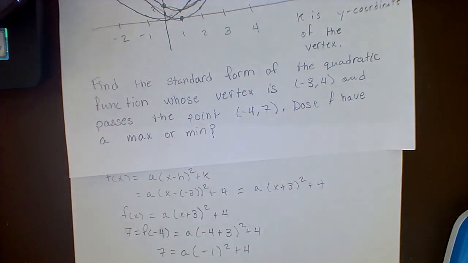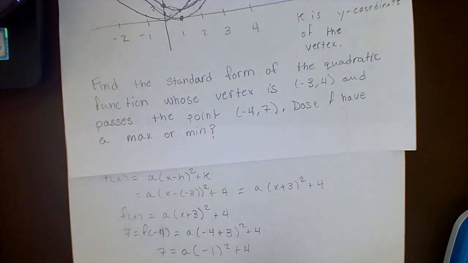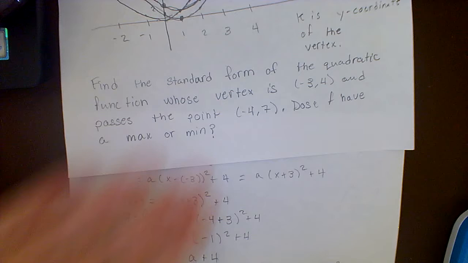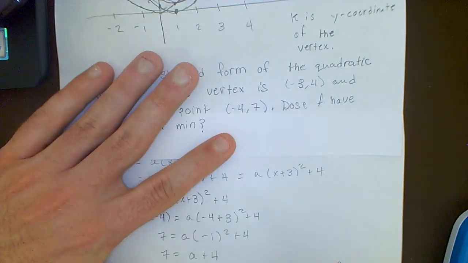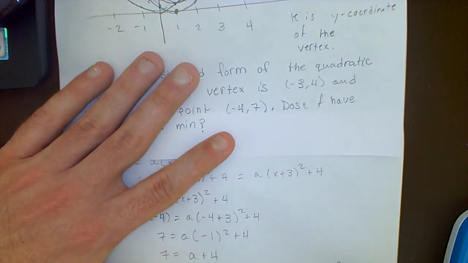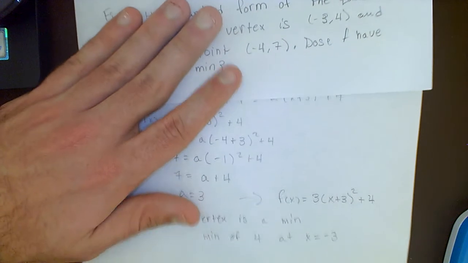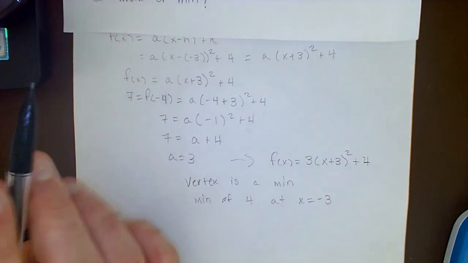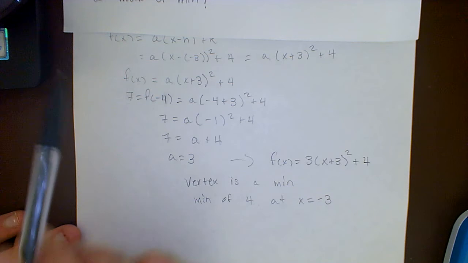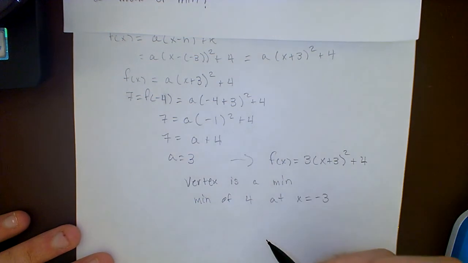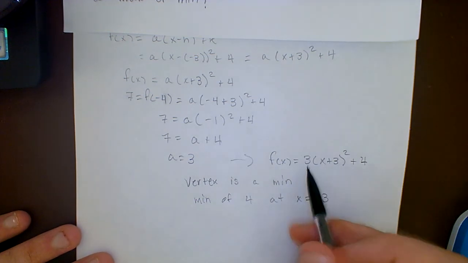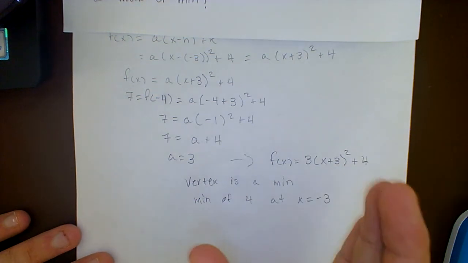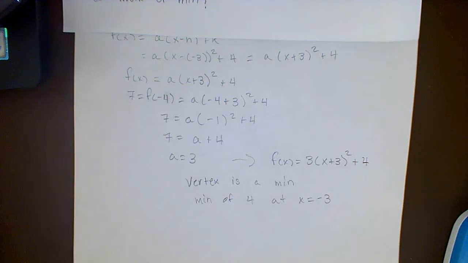So it has a minimum of positive 4 at x equals -3, right? Because that's the vertex of the graph, so that's like the turning point. And because we know that a is positive, we know that it can't get any smaller than the vertex is. Okay.